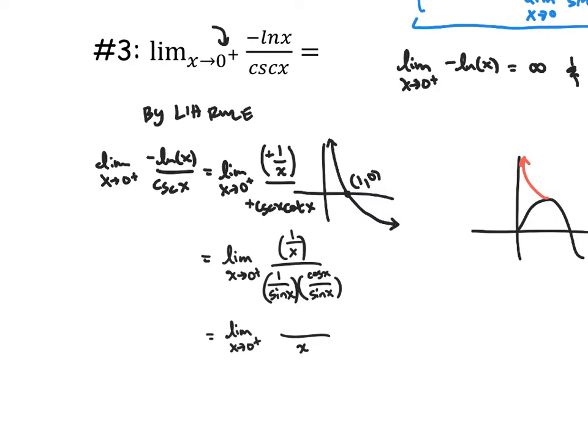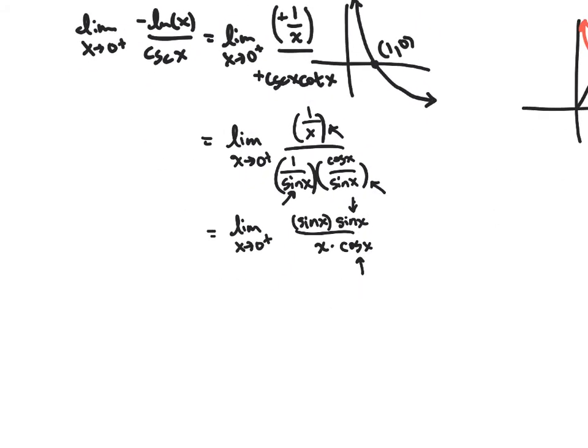So that would be sine x on top for this term. 1 over x becomes x on the bottom. And then I would have another sine x over cosine x. Right, so I took the reciprocal of this function, just flipping, putting the sine up here and the cosine down here. Okay, so let's think about this logically.